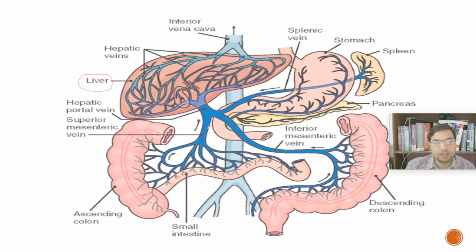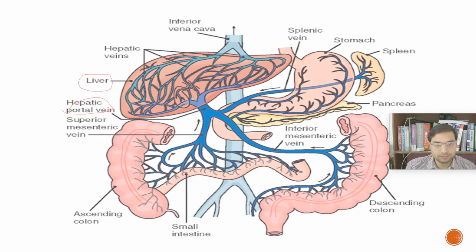Blood from the inferior mesenteric vein, the splenic vein, and the gastric veins comes together and forms the hepatic portal vein, and from the portal vein the blood enters the liver.